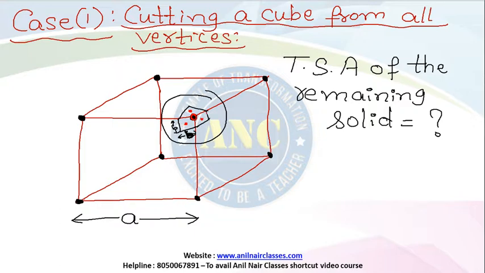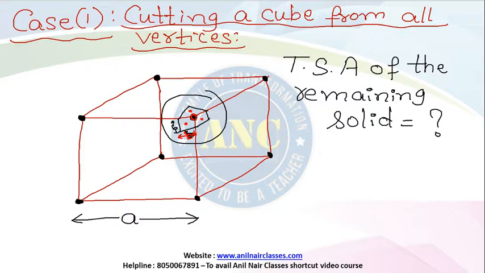Totally it will touch 3 surfaces. So if I cut and remove, I will lose 3 surfaces of B square area. The side of the smaller cube I have called B, so the area of each is B square, right?